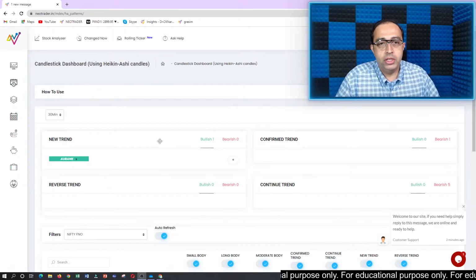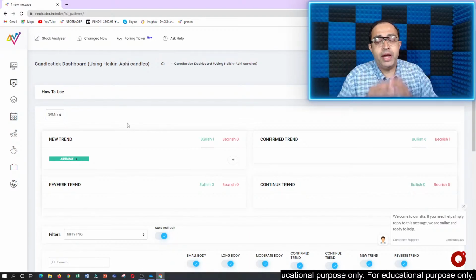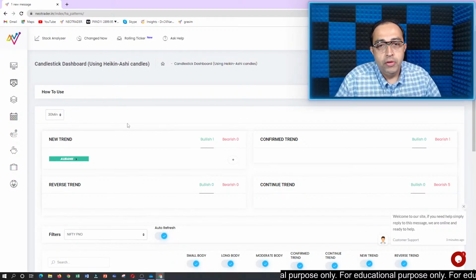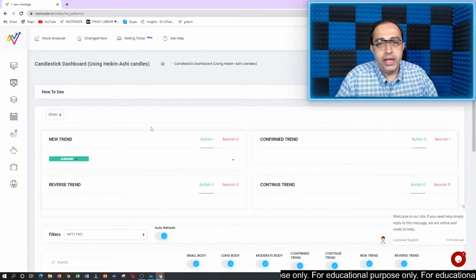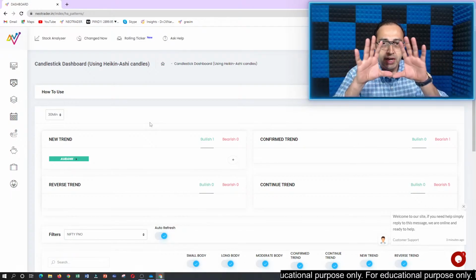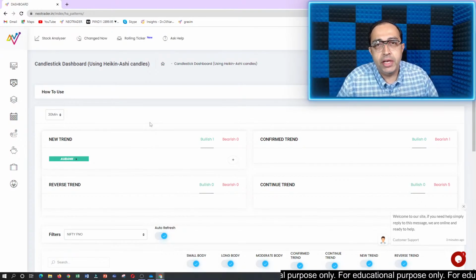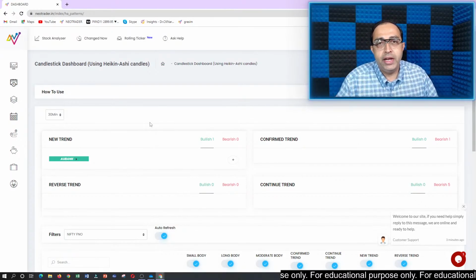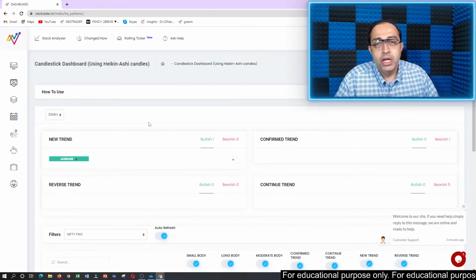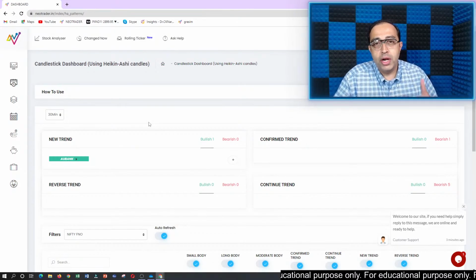You got 30 minutes, you have 60 minutes, you got daily, you got weekly. So we are looking out for some candidates for tomorrow. Based on the Heikin-Ashi discussion which I had with you, we have divided the entire concept of Heikin-Ashi into four different categories. One is new trend, where a new trend is emerging.